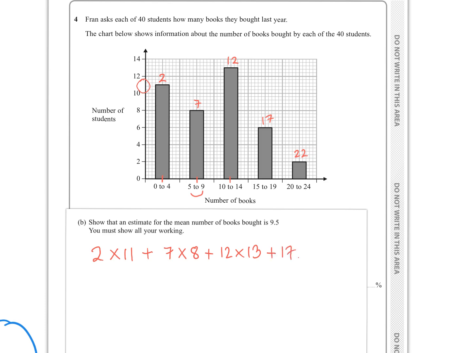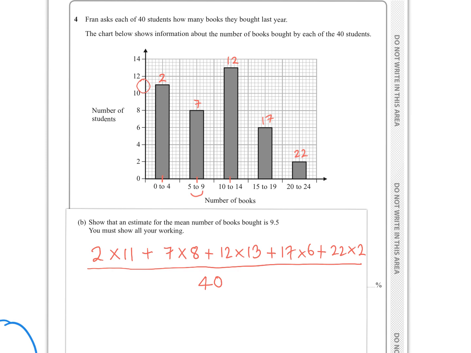So 17 times 6 plus 22 times 2, and then we want to divide that all by the total number of students, which is 40.